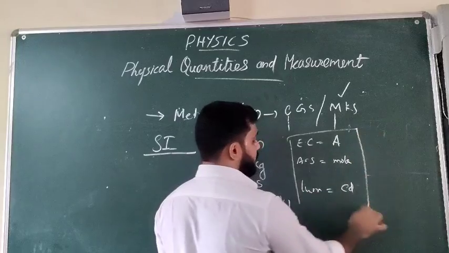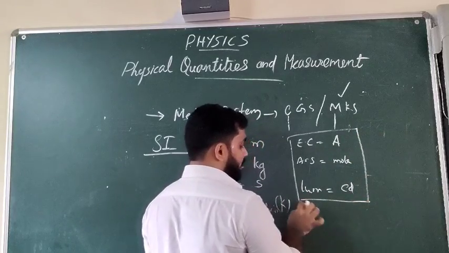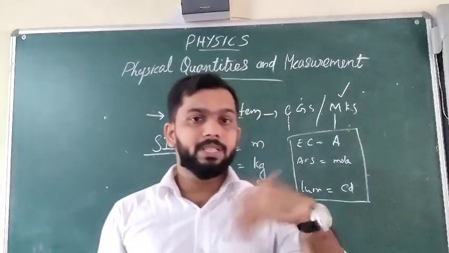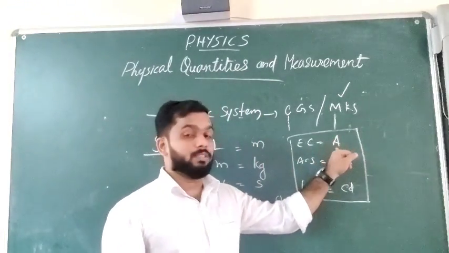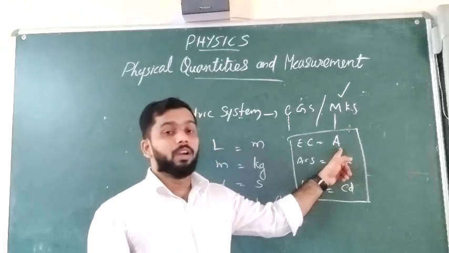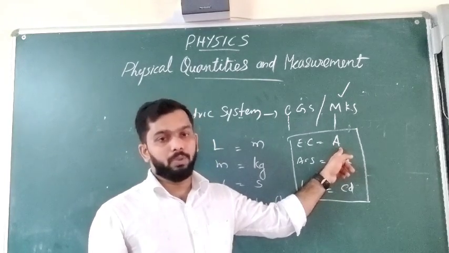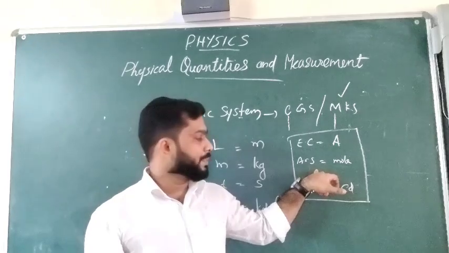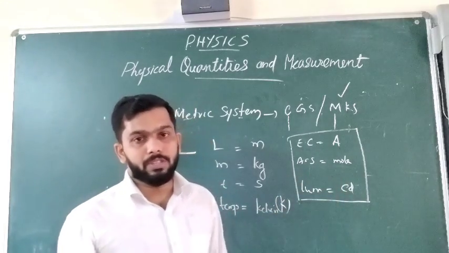Keep in mind that these 3 we are not discussing in this chapter. In later classes you will be studying them, but you just need to study the SI unit, the symbol and the name for electric current, amount of substance and luminous intensity.